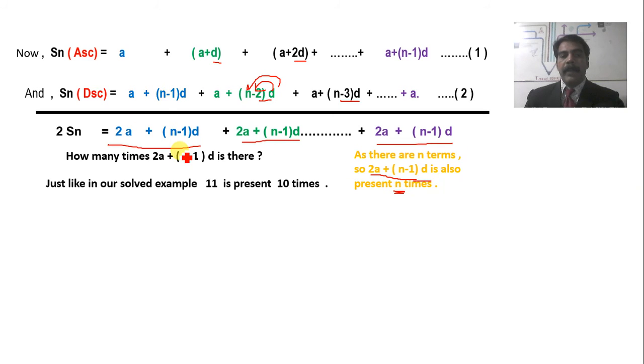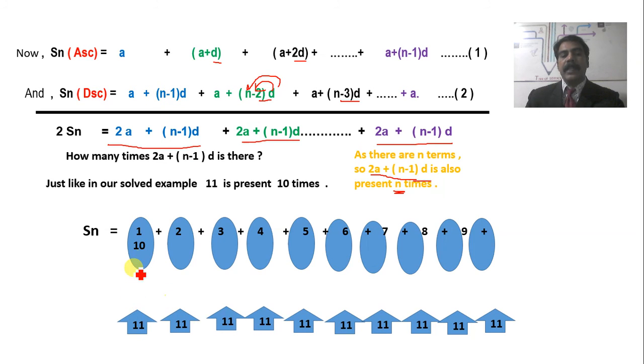So n multiplied by 2a plus n minus 1 into d. In our previous example we have seen that 11 was repeating 10 times and we had multiplied 11 and 10. Similarly here also we will multiply 2a plus n minus 1 into d with n. Is that clear?